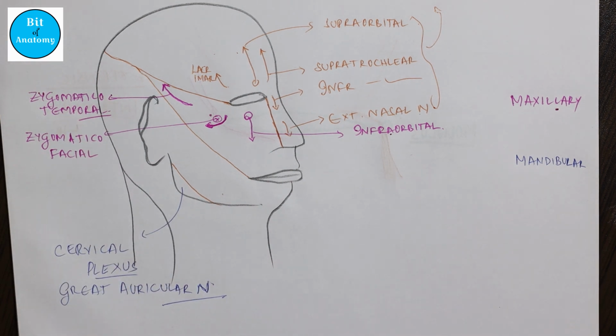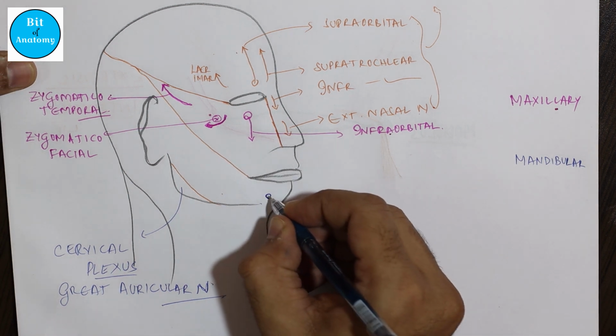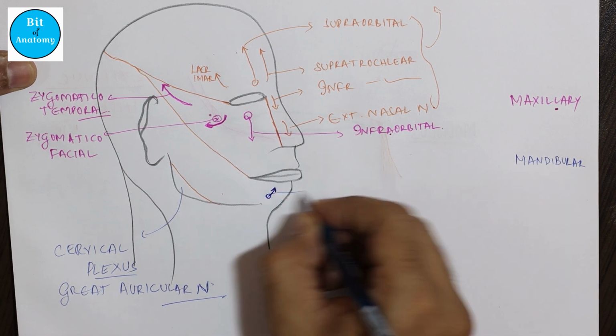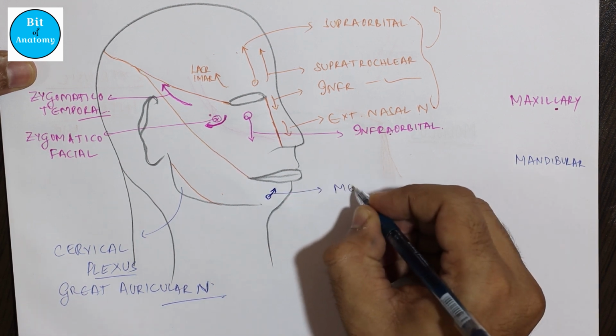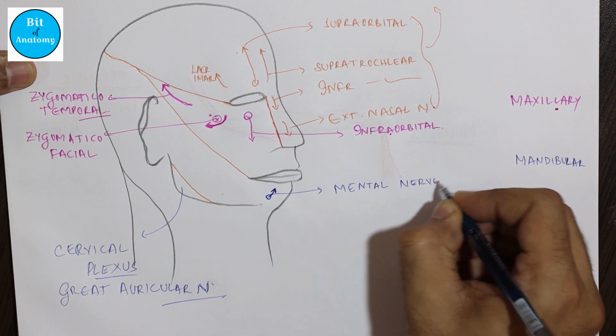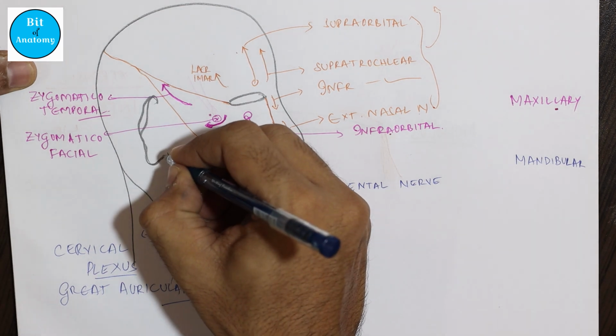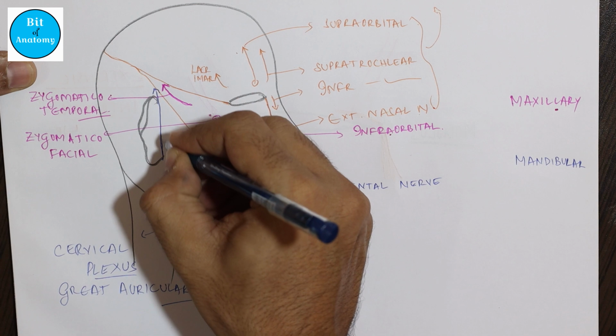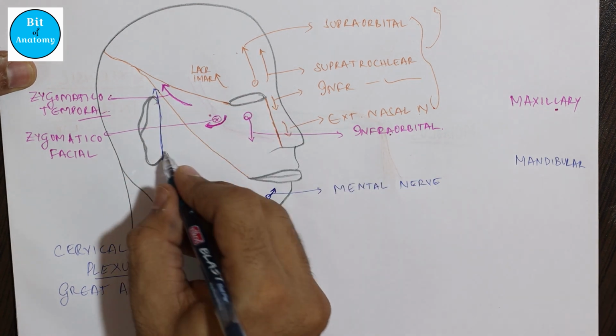If you see branches of the mandibular division, again there are three branches. One near the anterior part emerges from a foramen called the mental foramen, so it is called the mental nerve. Then there is a branch which passes in front of the ear, winding around the mandible.